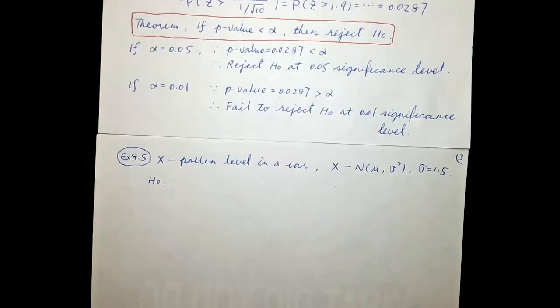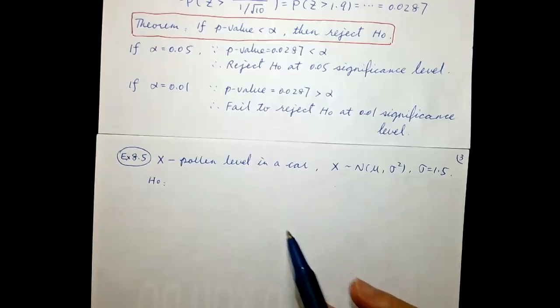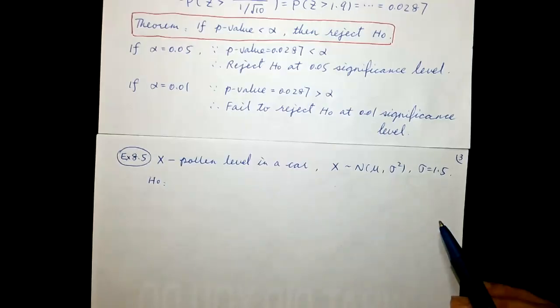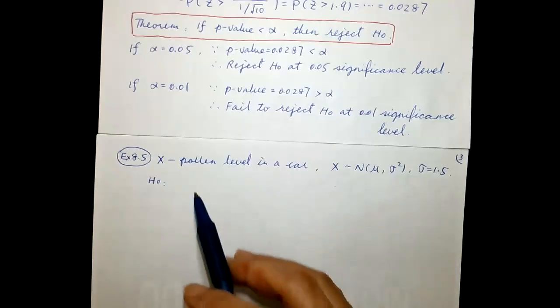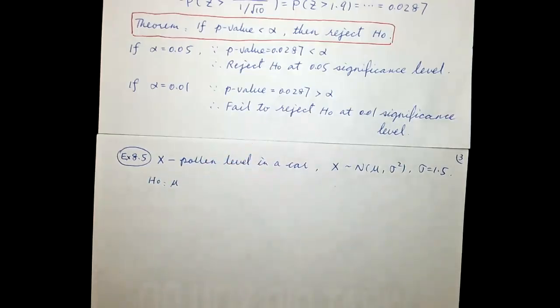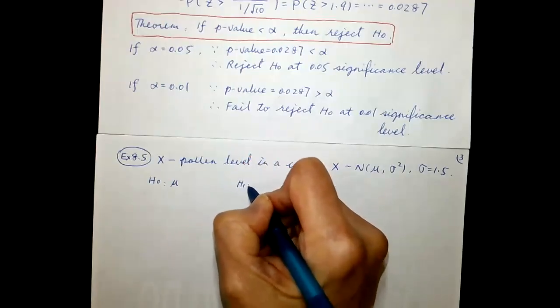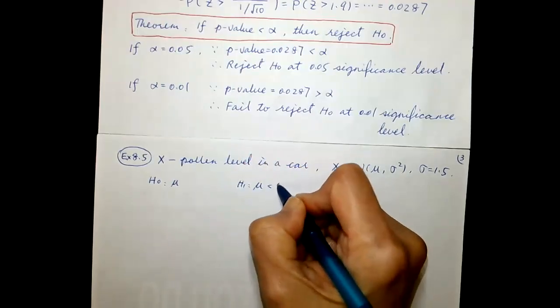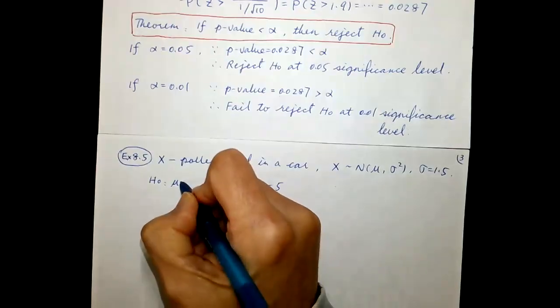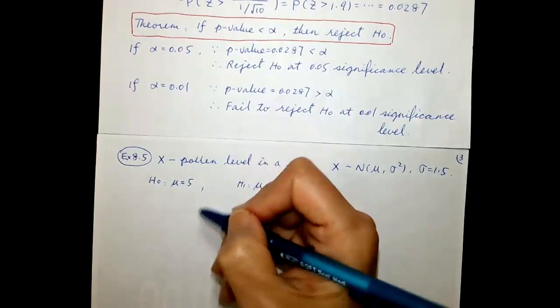So the safest way, the practical way, is to claim that mu is less than 5. So on average, in general, the average level, which is mu, is less than 5. Now mu is less than 5 is put in H1 because we do need this little equal for our calculations.